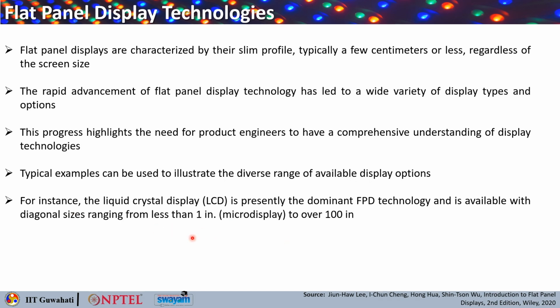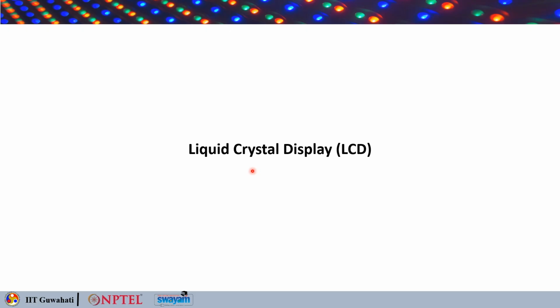For instance, the liquid crystal display, which is LCD, is presently the dominant flat panel display technology, and it is available with diagonal sizes ranging from less than 1 inch, that is the micro display, to over 100 inch. So you can understand the range of this kind of displays. So let us focus on the current market leader in display technology, that is the liquid crystal display, or LCD.